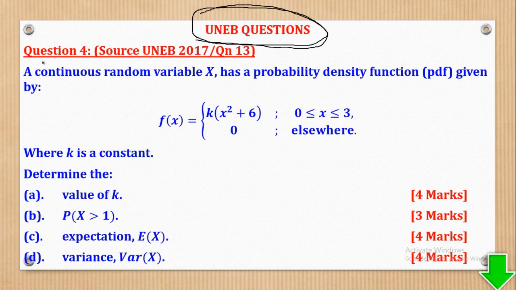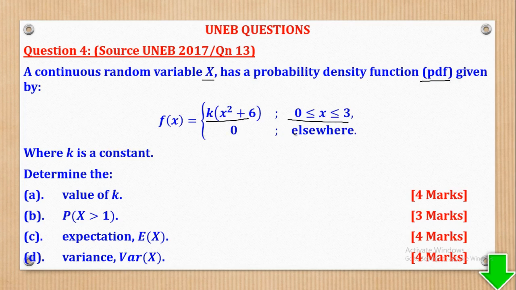We shall start with this question. So question 4 came from UNEB of 2017, question 13 in Subsidiary Mathematics. It says that a continuous random variable capital X has a probability density function PDF given by this function and this range, 0 elsewhere.